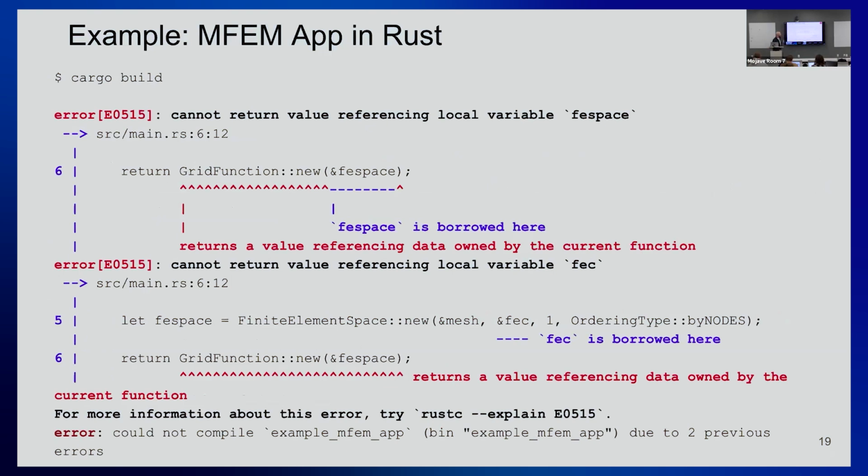It's directing you to a piece of code that has the problem. And then if we were to run rustc with that flag, it would provide an even more detailed explanation of what is going on. And by using the MFEM Rust wrapper, you automatically get all these checks.